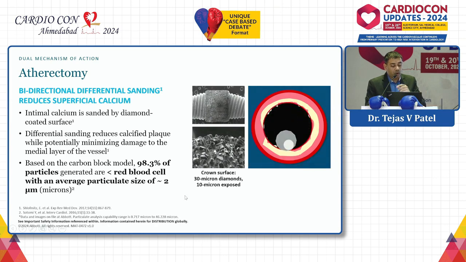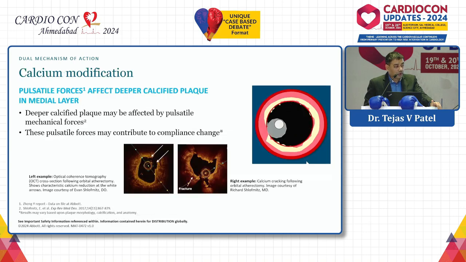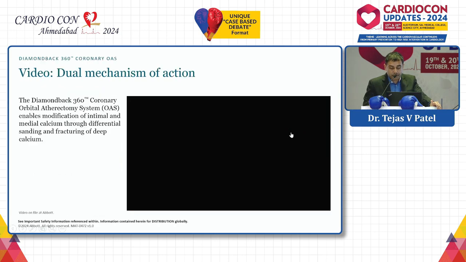The microparticles which get created are approximately 2 microns in size, even smaller than the RBCs, so they get cleared easily from the circulation. And this is the pulsatile force because of the orbiting nature of the device, and that gives cracking of the deeper calcium. You can see the deeper calcium gets cracked here.